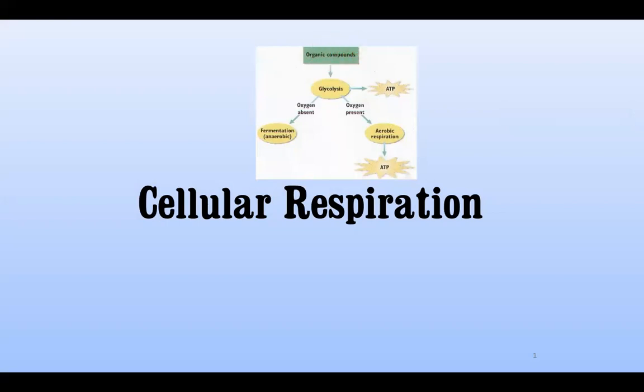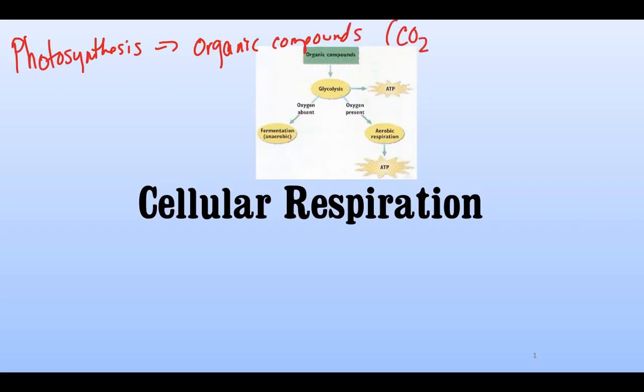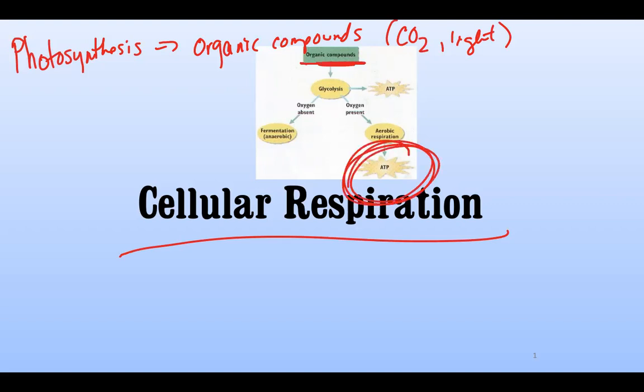Whereas before we said photosynthesis was the production of organic compounds from CO2 and using light energy. The purpose of cellular respiration, the overall big picture, is to use these organic compounds that were made during photosynthesis and to get the energy out of them. Okay, that's the main focus.